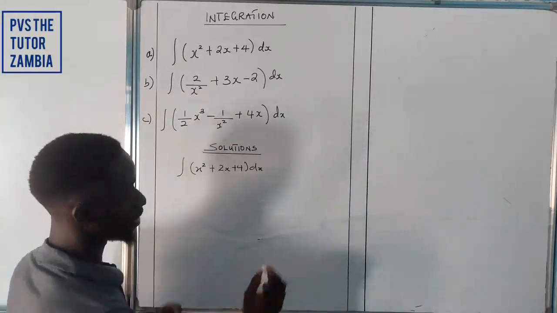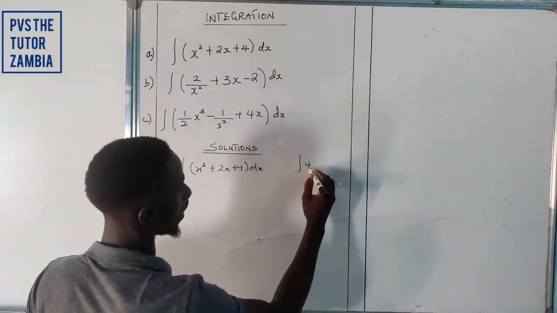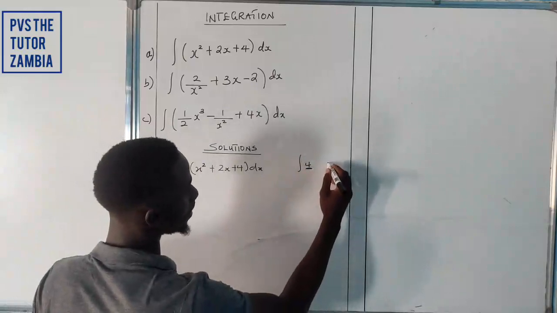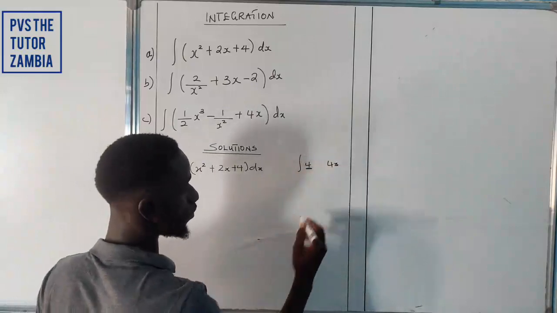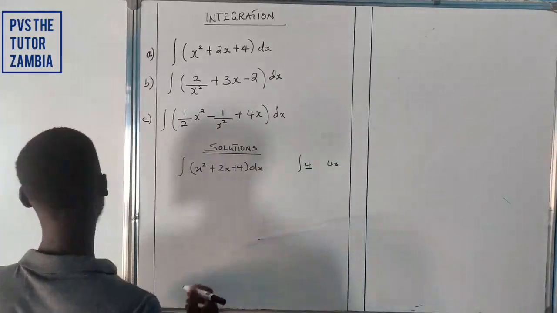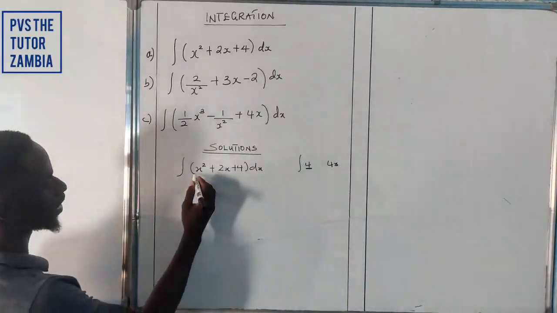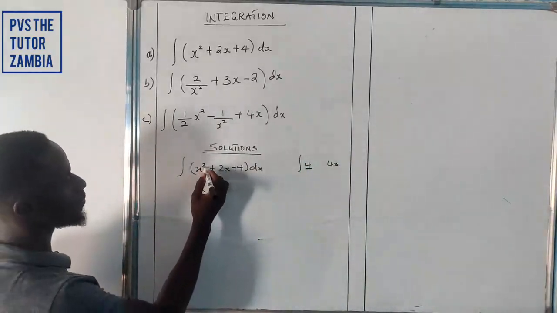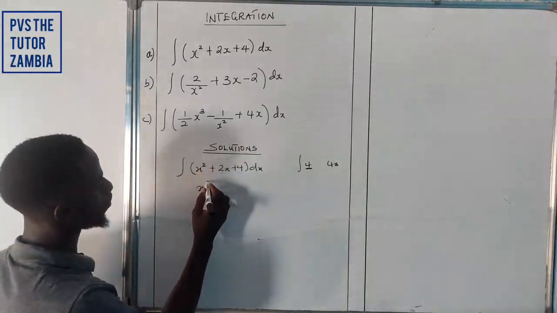And what you need to know is that the integral of a constant number gains a variable. Here we say that will be x, you increase the power by 1, that will be 3.